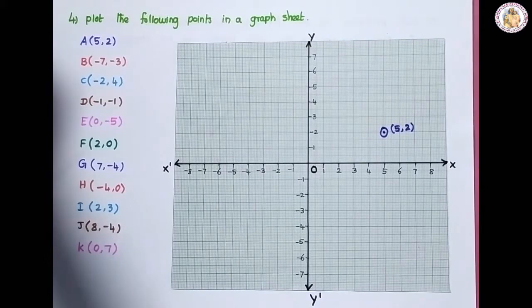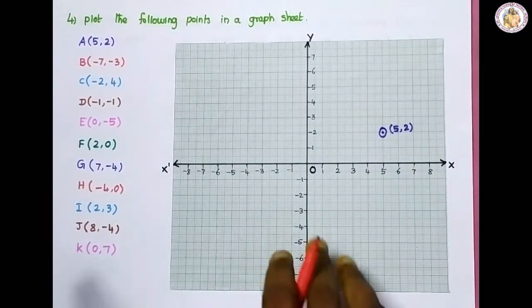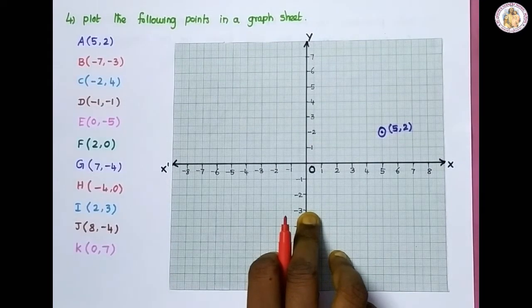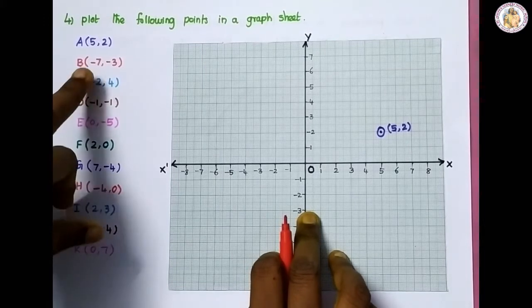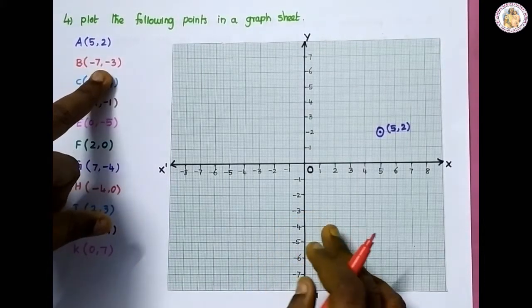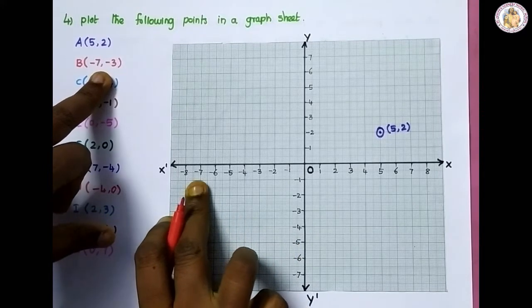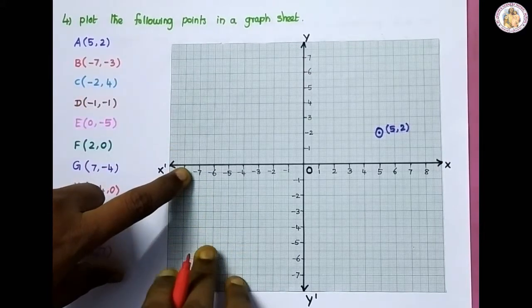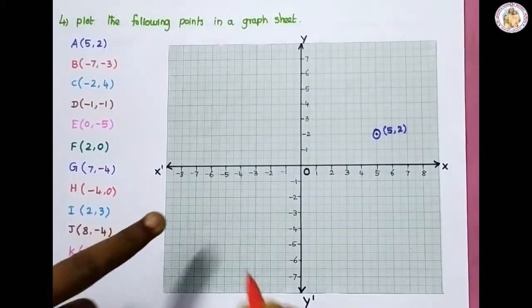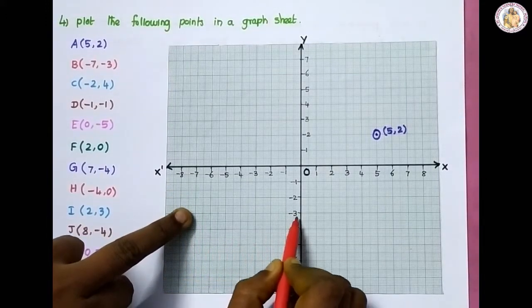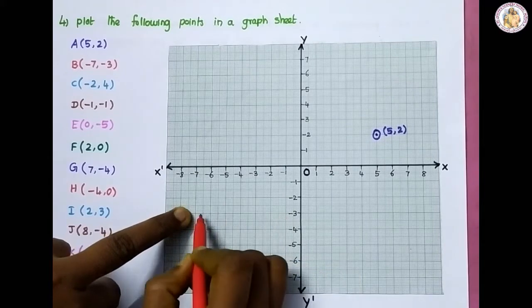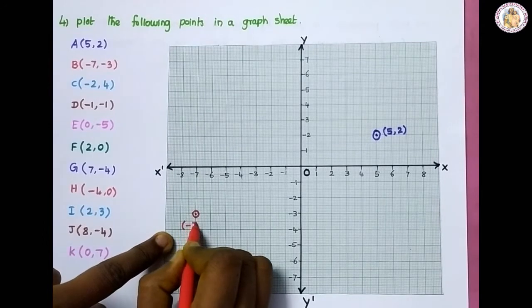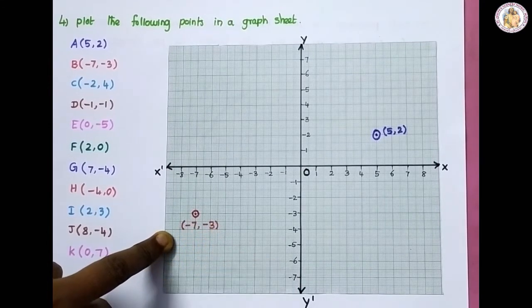And then next one, B, minus 7 comma minus 3. Both are negative sign, so it is in the third quadrant. X-axis is 7 and y-axis is minus 3. So meeting this point, that is minus 7 comma minus 3.